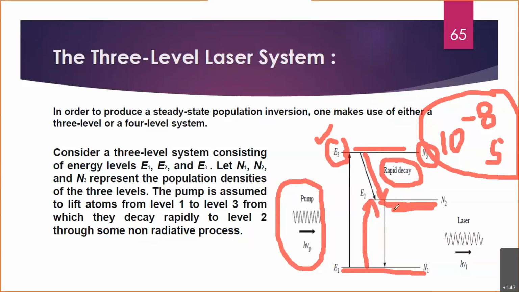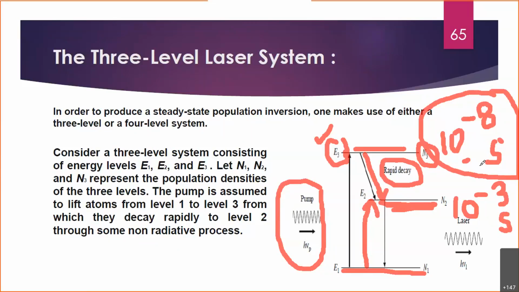Now the important thing is the lifetime of this level 2. The lifetime of this particular level 2 is high compared to this one. Let me give you the rough idea: the lifetime for level 2 is around 10 raised to minus 3 second. You see 10 raised to minus 8 second is very less, and this is comparatively large.